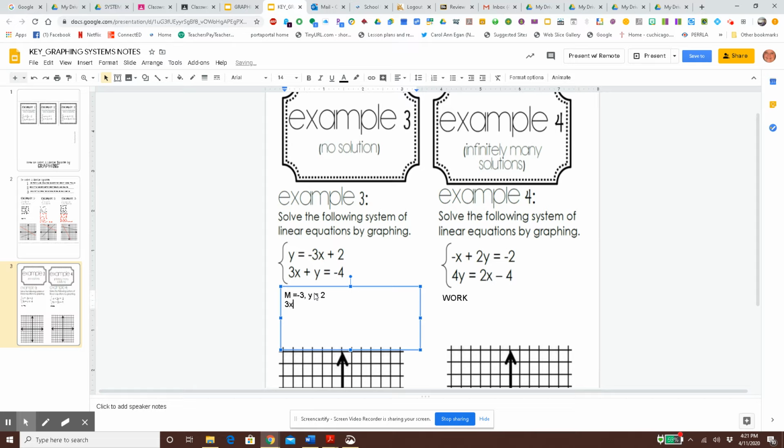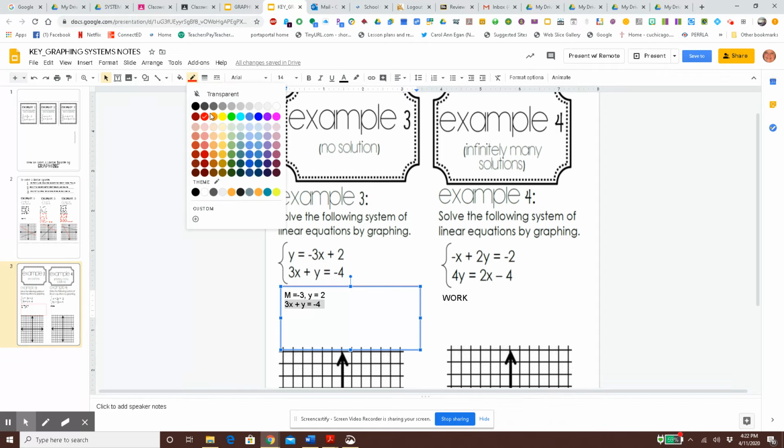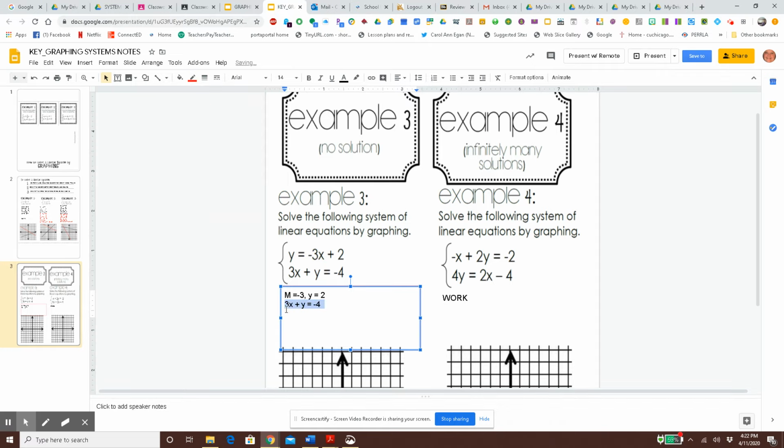Second one, 3x plus y equals -4. Change this to red, so changing it to red, people. We'll change it at the end. And if I want to move it, I'm going to have to minus 3x from both sides.